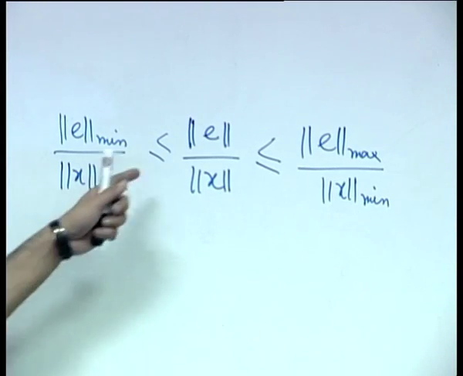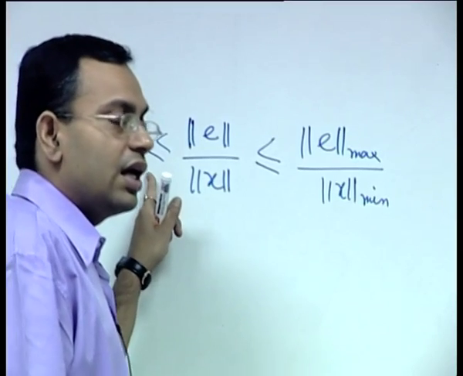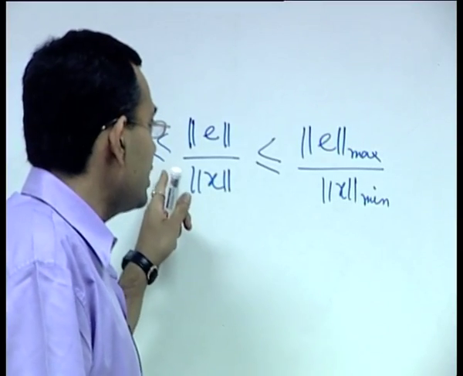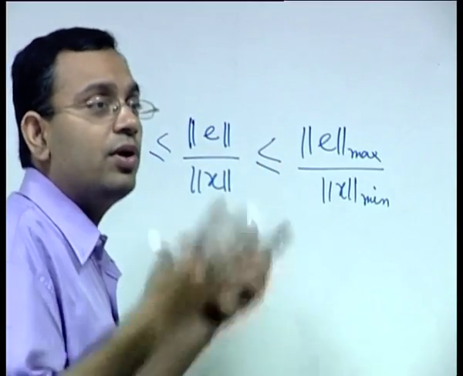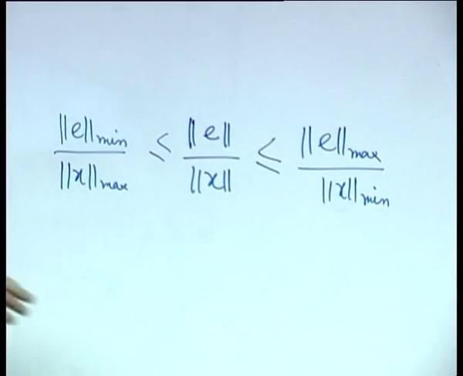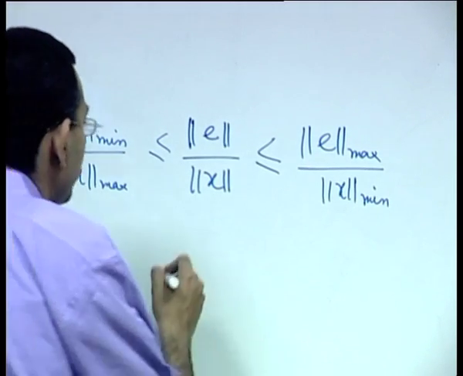Of course, this lower limit is not important; error greater than something is not important. Error less than something is important. What is the upper bound of the error? That is more important for a conservative design of the algorithm. So, let us substitute these.